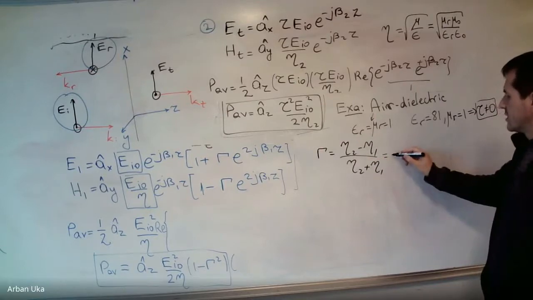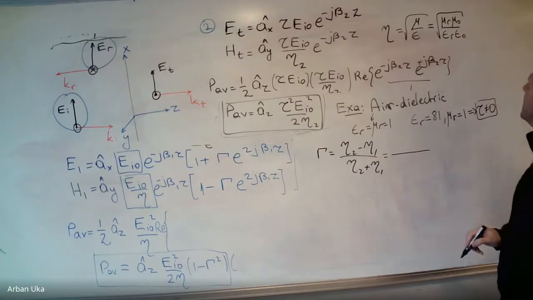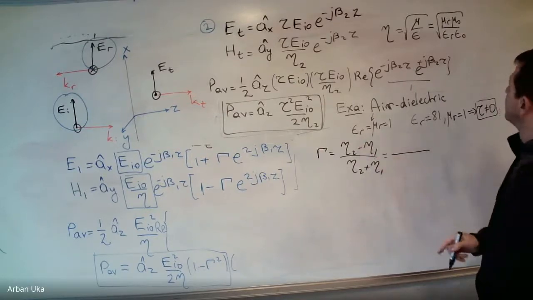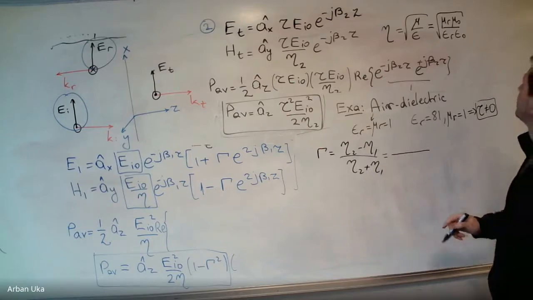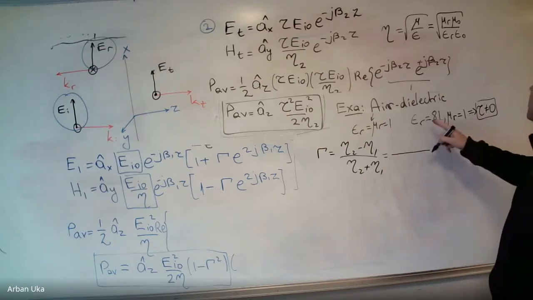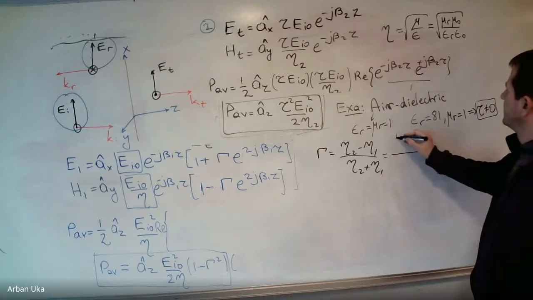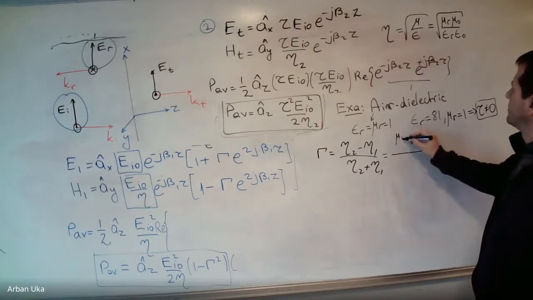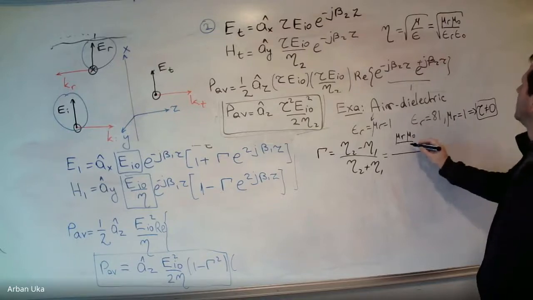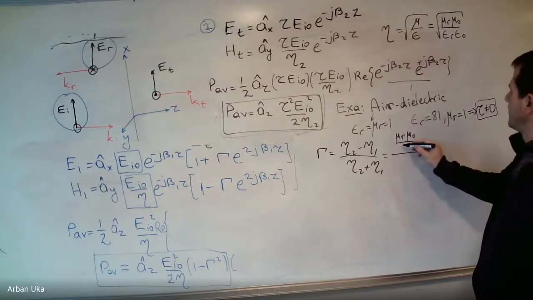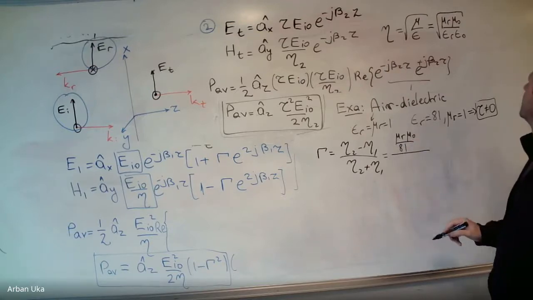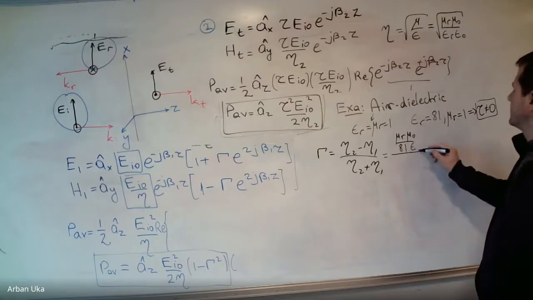Then, so this is the general expression. We can write the following. For eta 2, this is going to be equal to, so mu i's, they are all the same. So we can have here, let me write this as mu r, mu 0 over, let me write here 81, times epsilon 0.